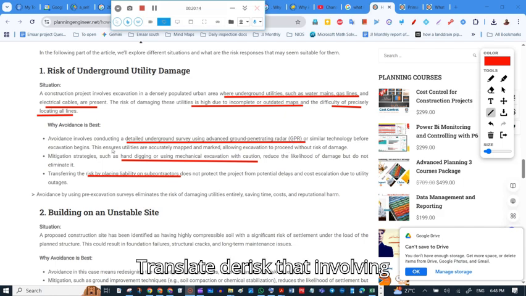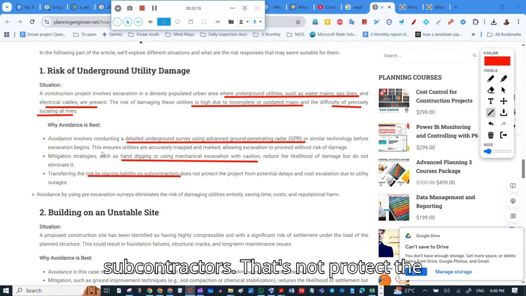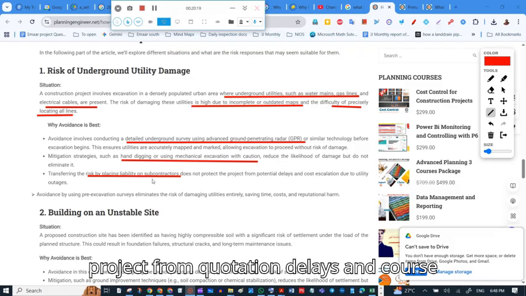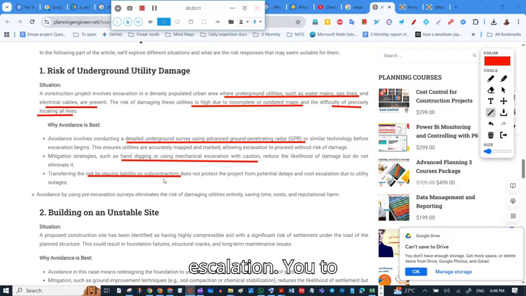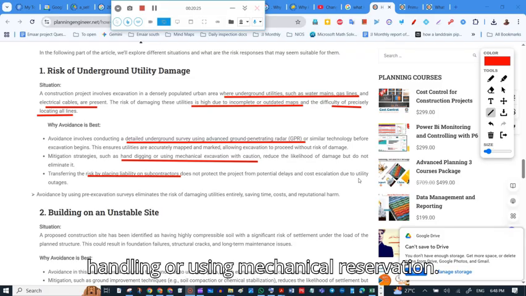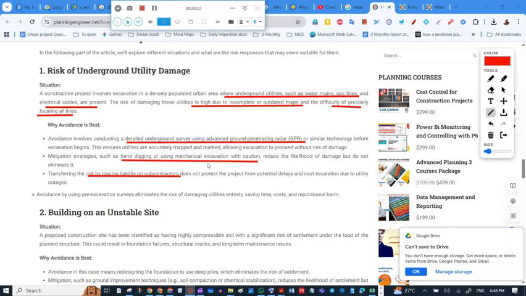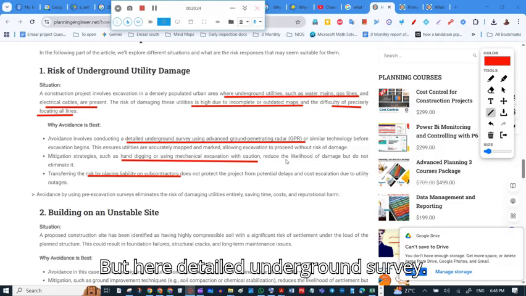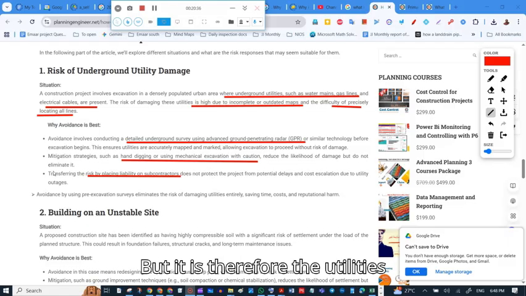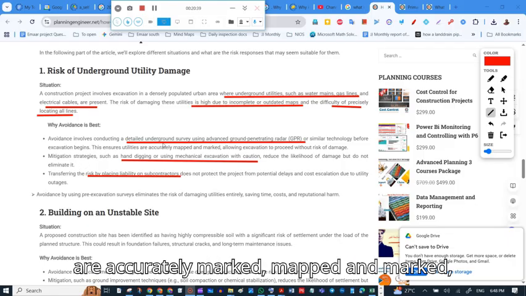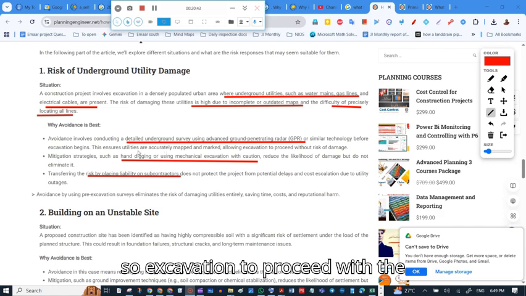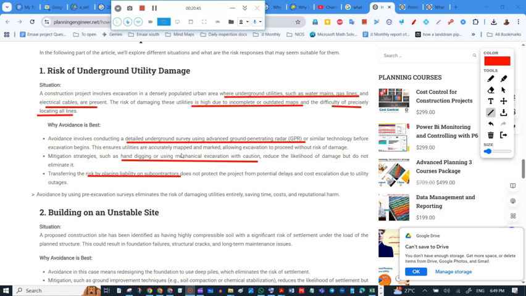Transferring the risk by involving subcontractors does not protect the project from delays and cost escalation due to utility outages. Second, hand digging or using mechanical excavation reduces the likelihood of damage but does not eliminate it. But with a detailed underground survey, the utilities are accurately mapped and marked, so excavation can proceed without the risk of damage.